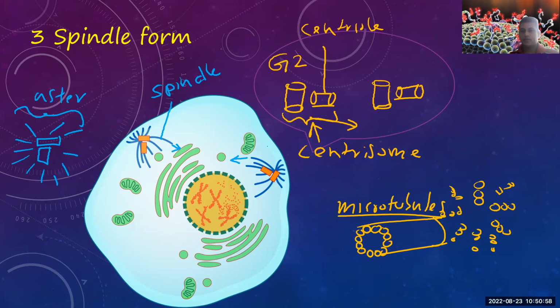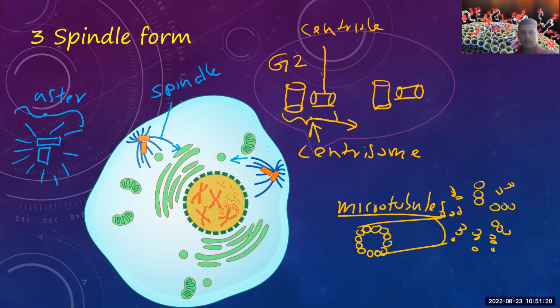But others remain to the other side, and the other side is the cell membrane. So they make short microtubules. Toward the cell, they make long microtubules, and they are called spindle. Spindle is the name given to this extended version of microtubules.